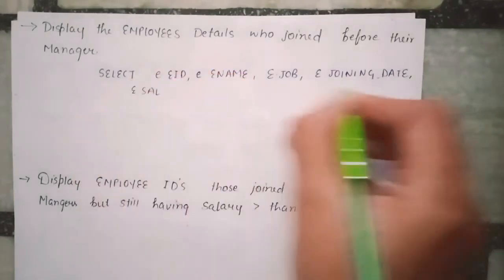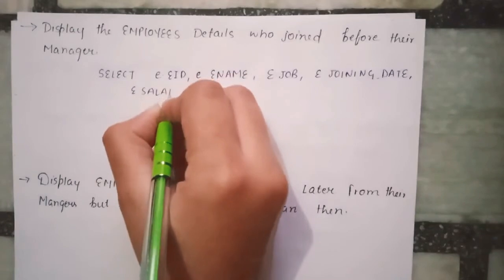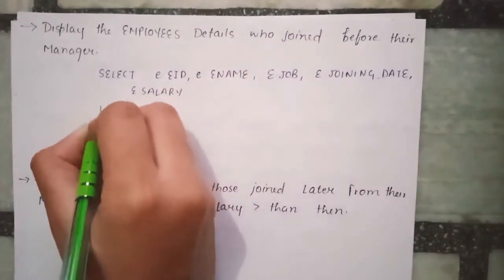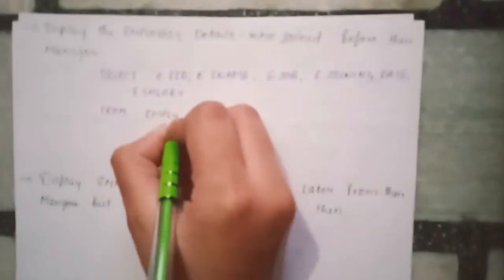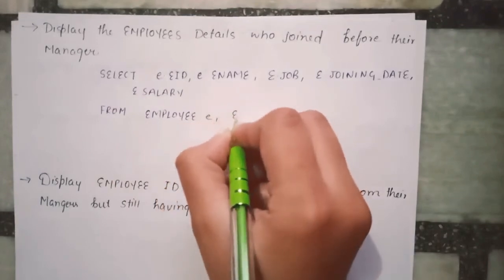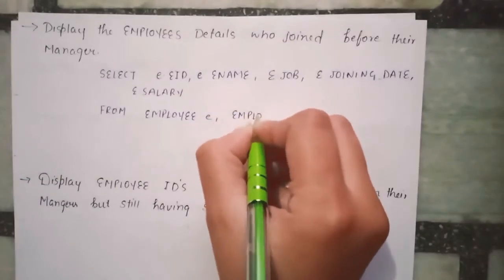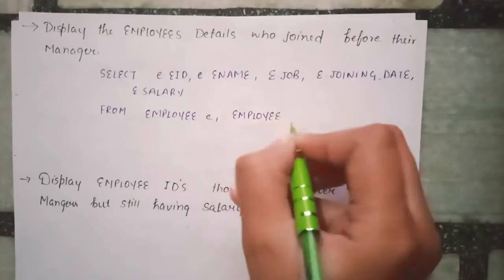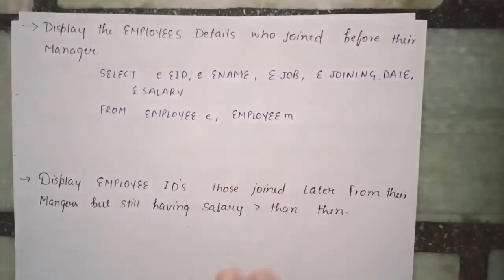So this is all the details about this employee. Okay, from again the table name employee whose instance is e, and employee whose instance is m.